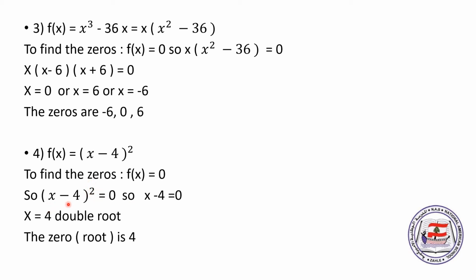We can take x minus 4 equal to 0 and x is 4. So for this polynomial, we have one zero, which is x equal 4.